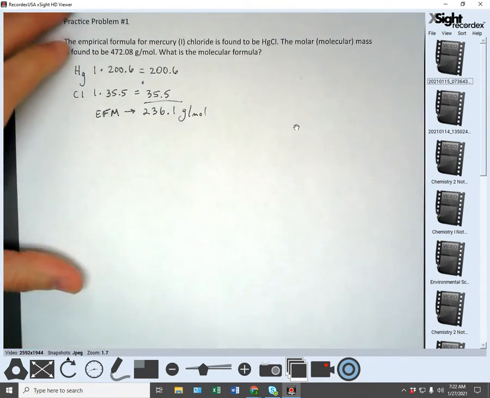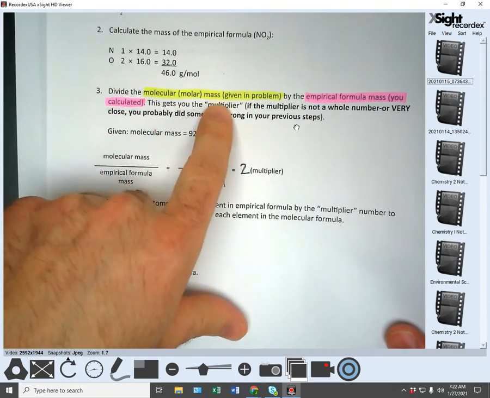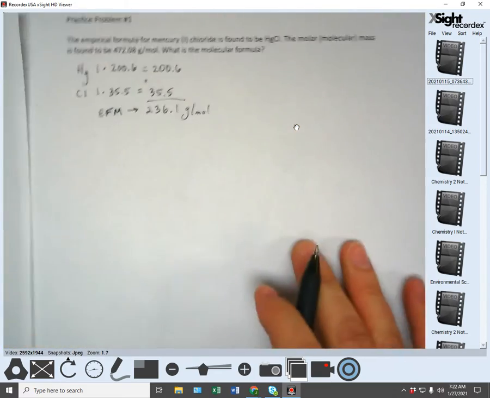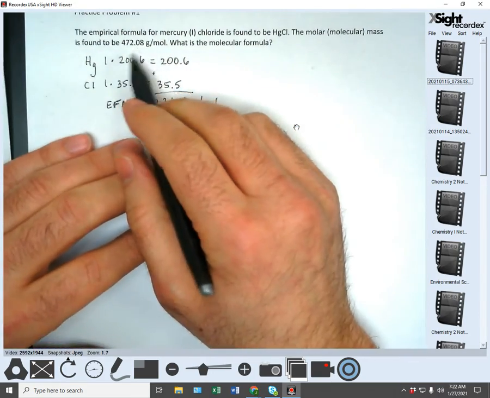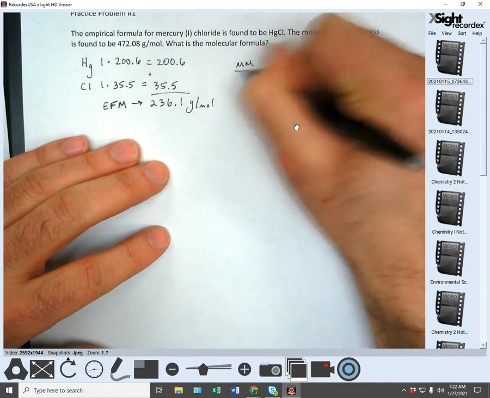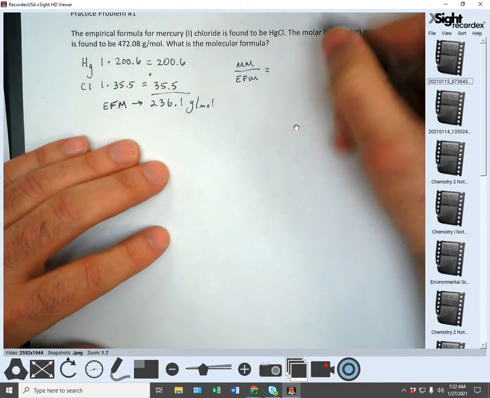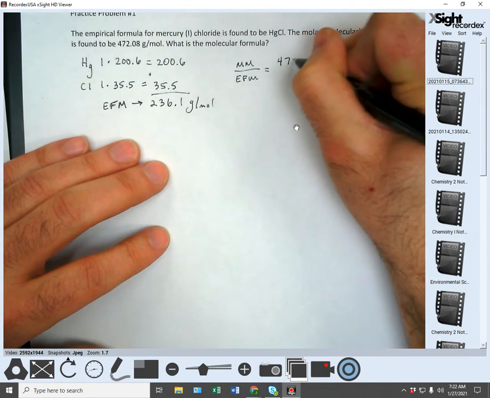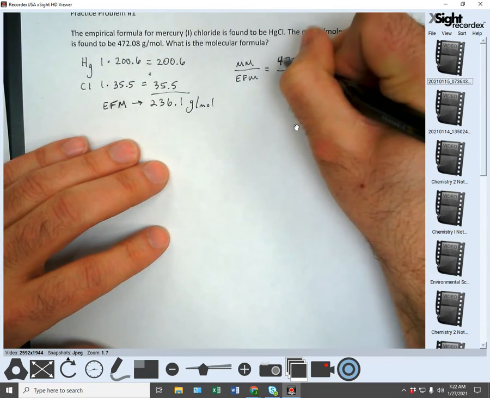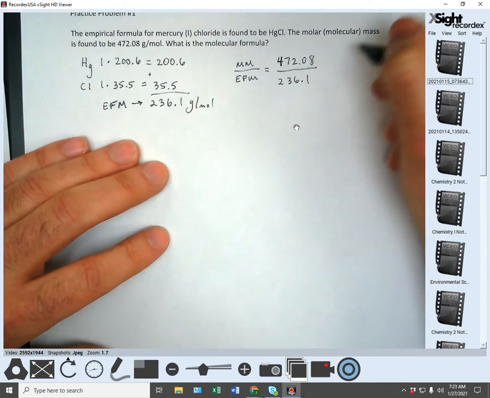All right. Next step. Divide the molar mass given to you in the problem by the empirical formula mass. So it's molar mass divided by empirical formula mass. So our molar mass, 472.08, divided by 236.1.